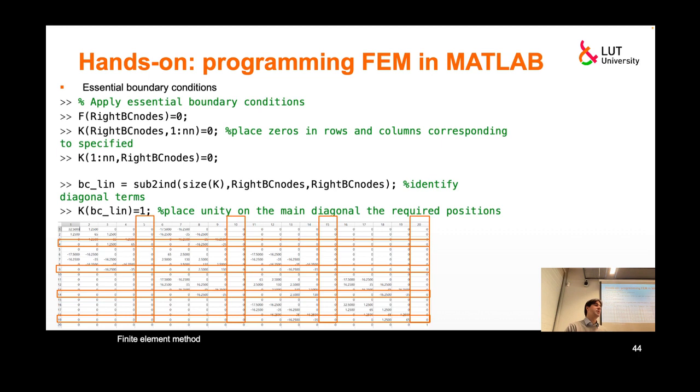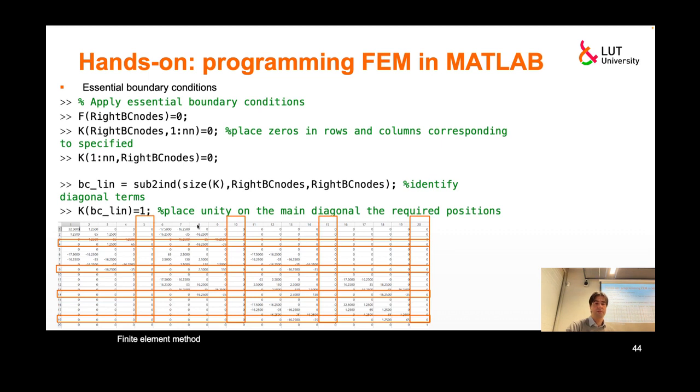Like if you have a 2 by 2 matrix with elements 1,1, 1,2, and so on, you can number them 1, 2, 3, 4. We can use this function to easily identify nodes that are at the intersection of certain columns and certain rows, to identify diagonal terms, and we put there just a value 1.